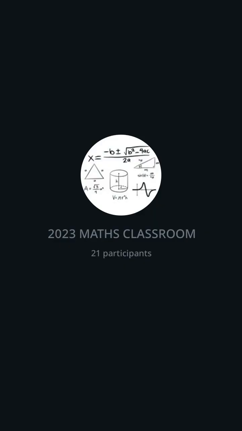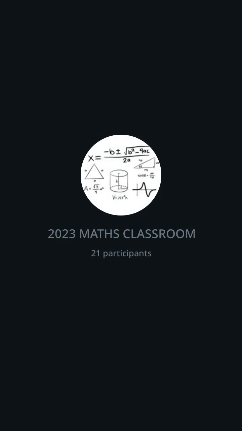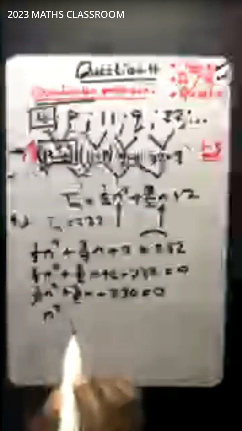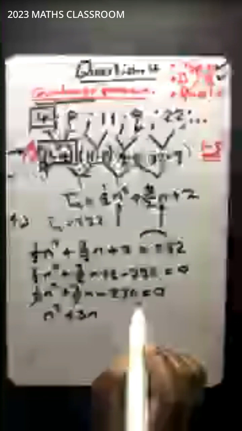So this is what I was saying. You get rid of that denominator, meaning you will multiply each term by 2. Obviously, the 2 that you multiply in that term will cancel that, or it will also cancel that, remain with n. What will that be when you multiply it by 2?